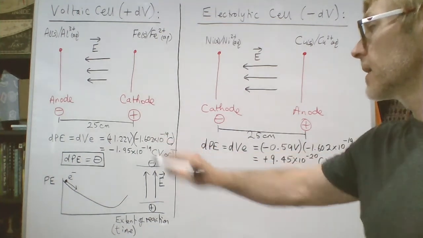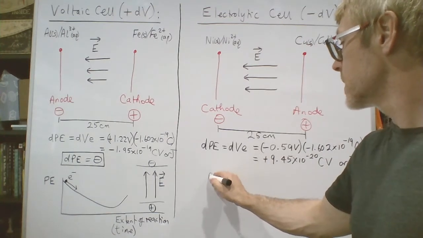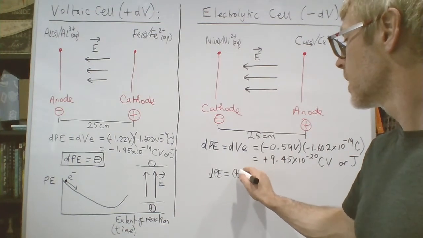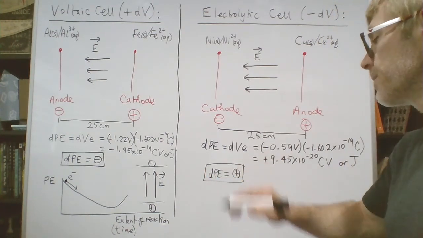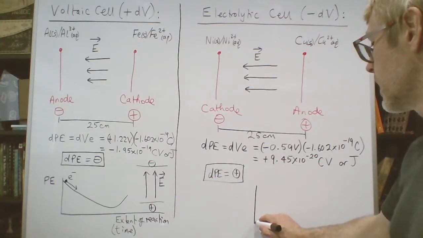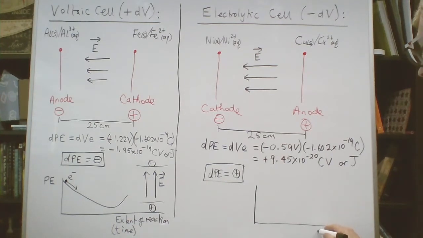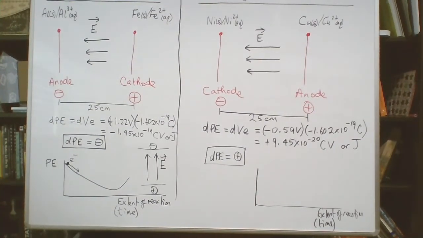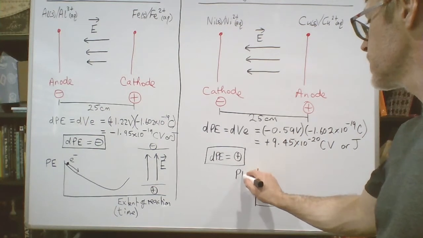Okay, so here, in contrast with the voltaic cell, we can see that the change in potential energy is positive. If we were to draw a similar diagram to over here, we can have extent of reaction, which again is just proportional to time, and we plot that against potential energy.